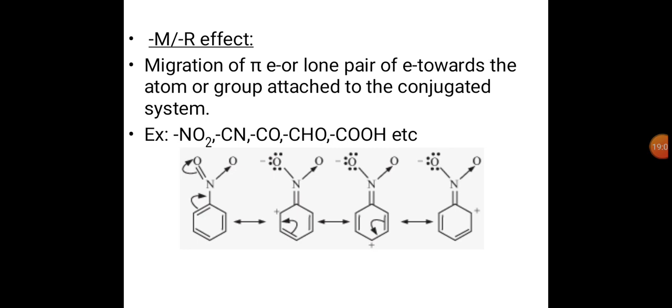Now, in this case, if a nucleophile approaches, it will definitely be attacking the meta positions because the ortho and para positions are positive in charge. So, this compound can now be susceptible to nucleophilic substitution reaction.